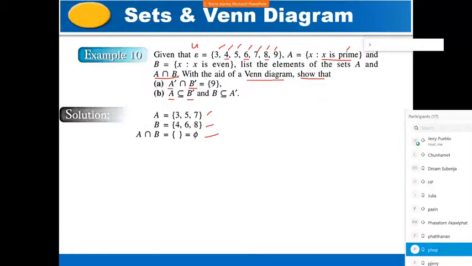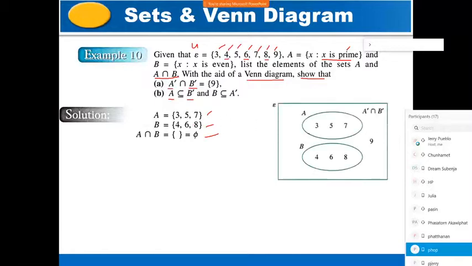First, we'll draw this Venn diagram. Okay, therefore A is disjoint with B because they have no intersection. Now, this area outside here is A complement intersect B complement.